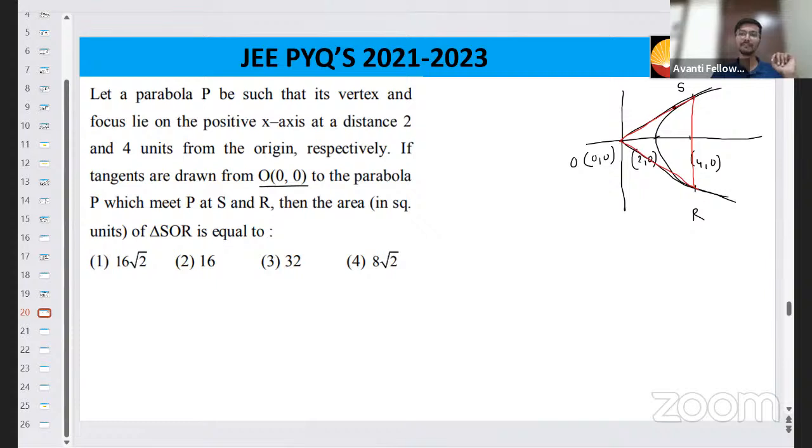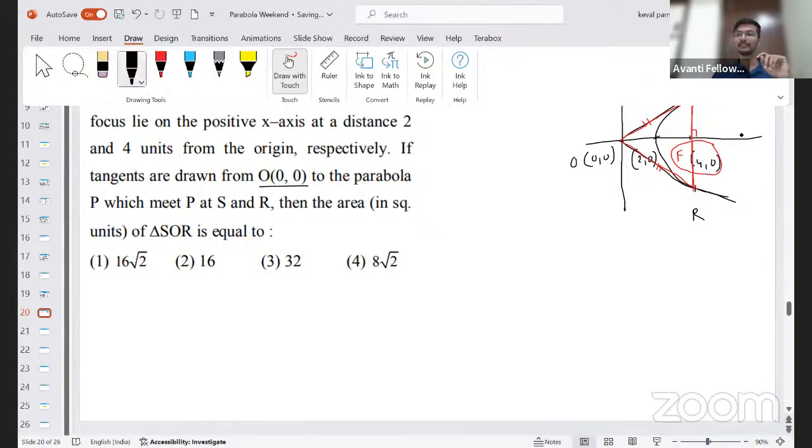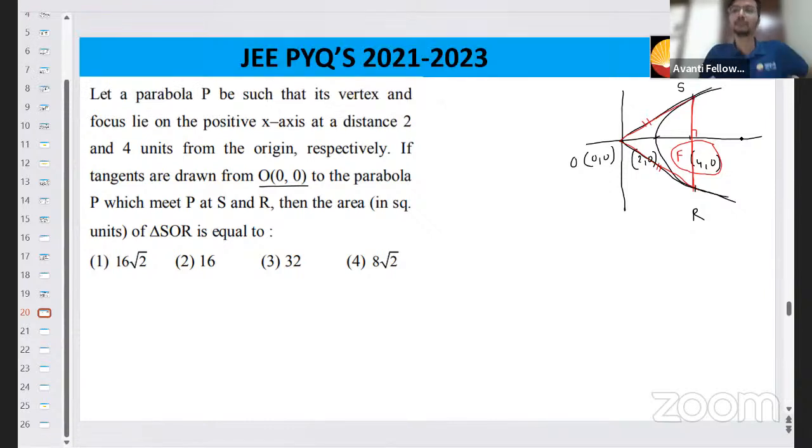So if I draw a tangent from here, this distance will be equal to this distance, and moreover, the line SR will be passing through the focus and perpendicular to the axis. As you can see from the symmetry, and if not, you can also check it algebraically. So this is the latus rectum of length 4a.